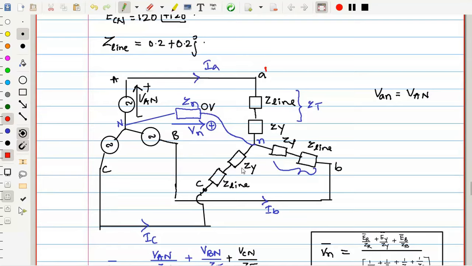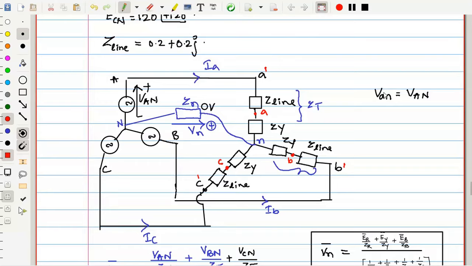Because A may not be exactly here. This is A dash, B dash, C dash, a virtual load. So we merged the line impedance also into the load. We call those terminals A dash, B dash, C dash. What exactly is A? Here is A, here is B, from the original diagram you can refer, here is C.